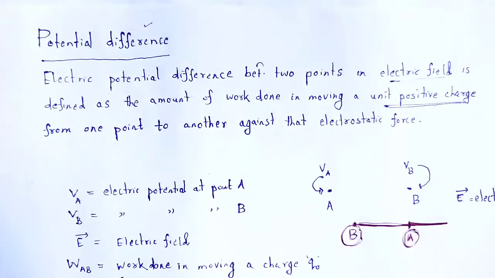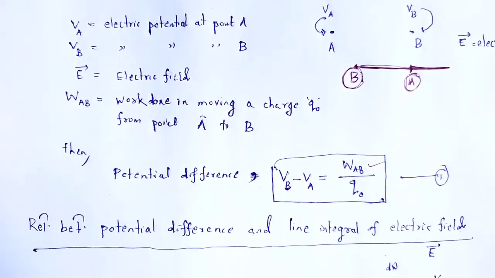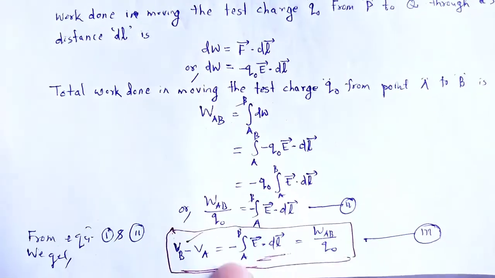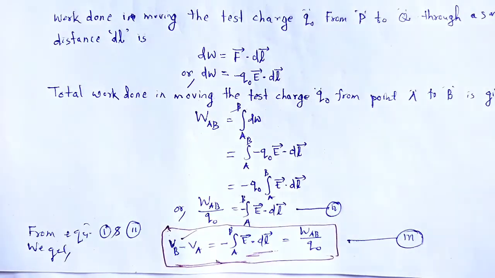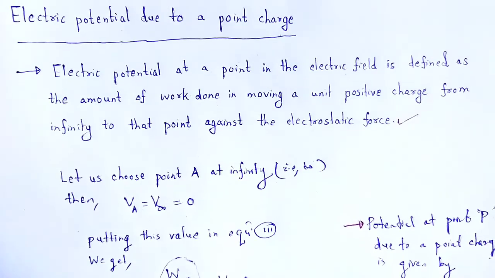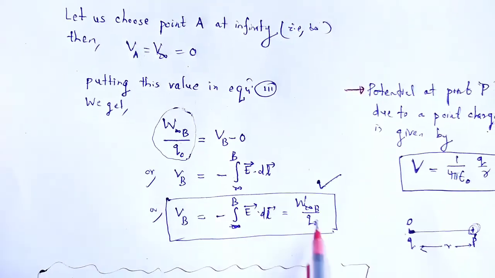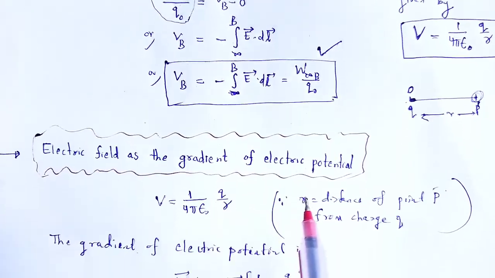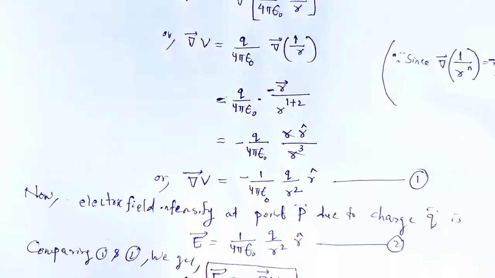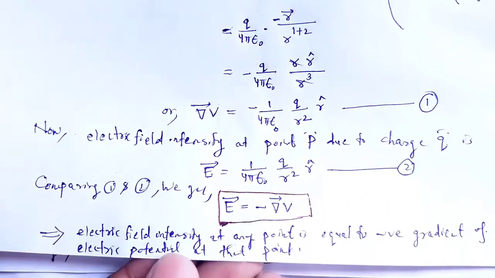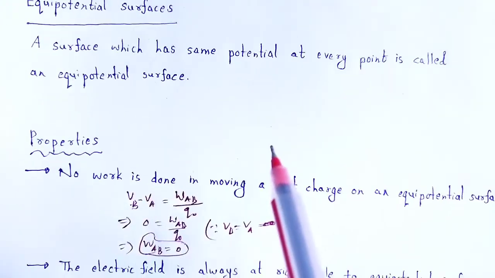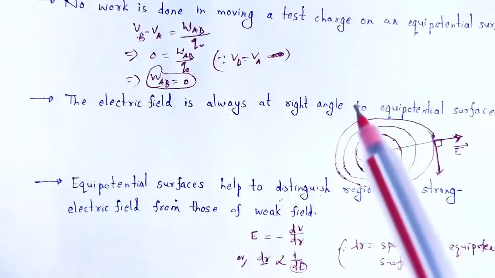With the help of this video lecture, we understood potential difference, the relation between potential difference and the line integral of electric field, electric potential due to a point charge, electric field as the gradient of electric potential, electric field being the negative of the potential gradient, and the concept of equipotential surfaces and their properties.